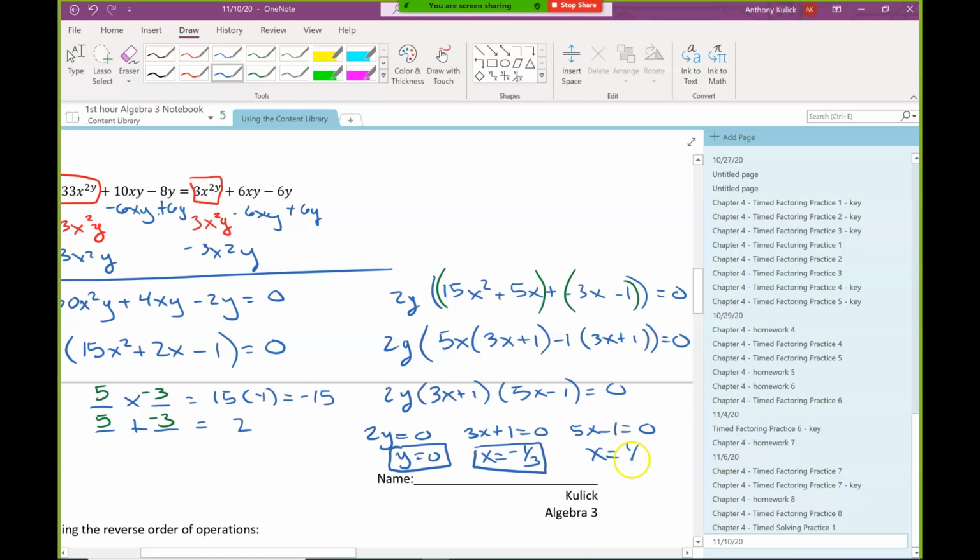And if I add 1 and then divide by 5, I get x equals 1/5. So those are my 3 solutions for that problem. Walter, are you okay with that?